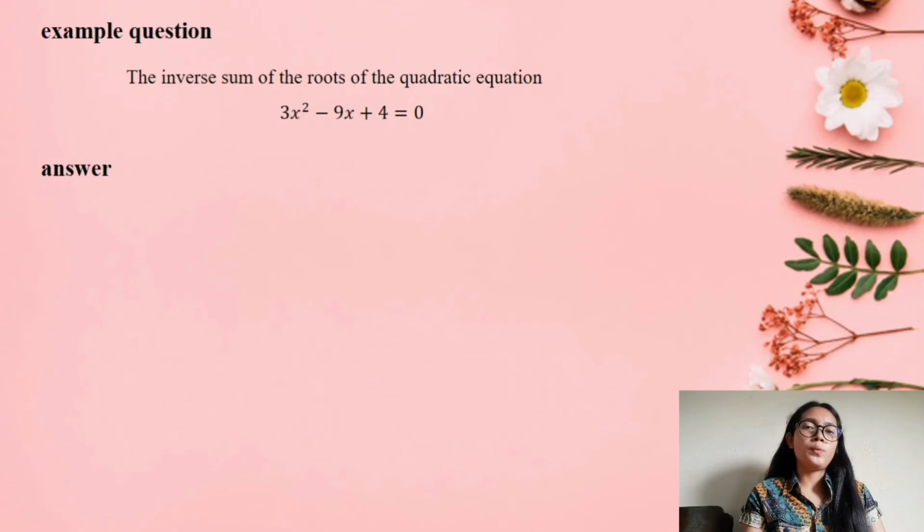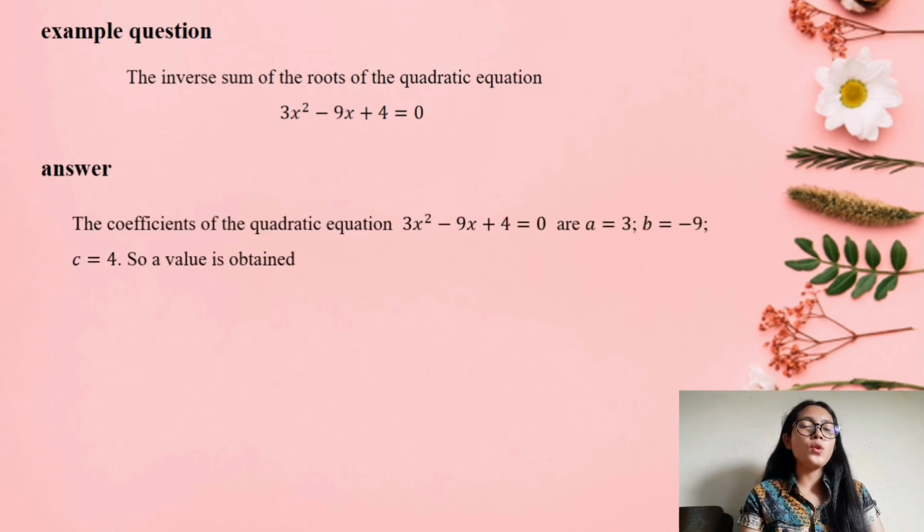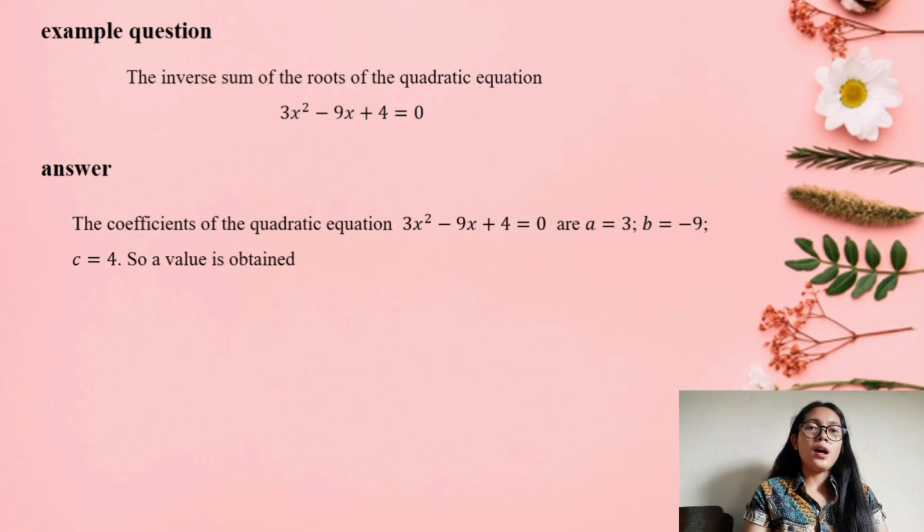Example question 2. Find the sum of the reciprocals of the roots of the quadratic equation 3x squared minus 9x plus 4 equals 0. Answer. The coefficients of the quadratic equation 3x squared minus 9x plus 4 equals 0 are a equals 3, b equals minus 9, c equals 4.